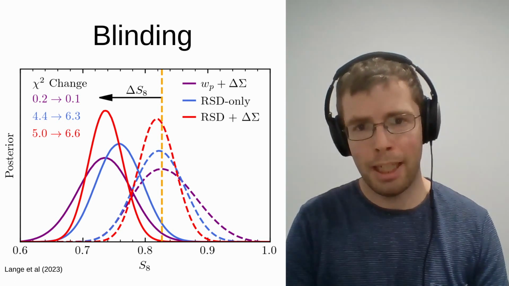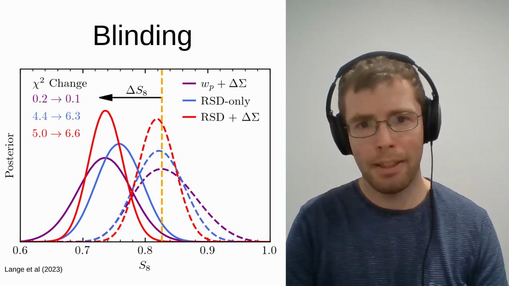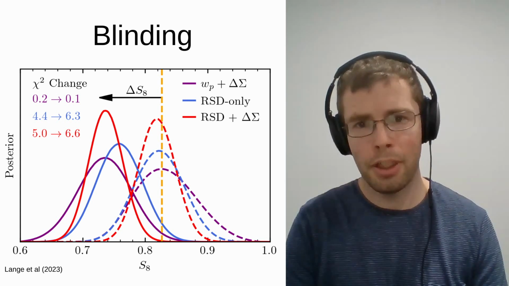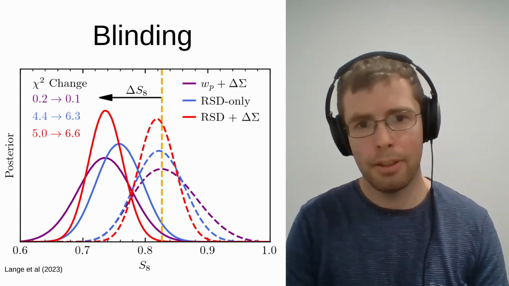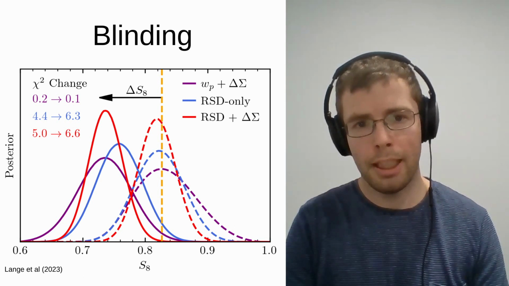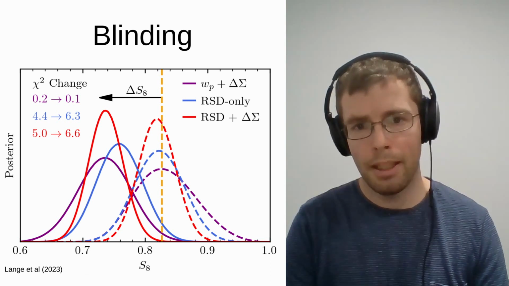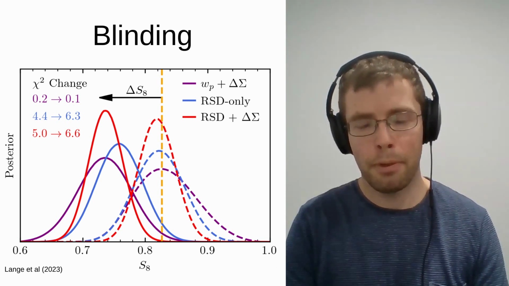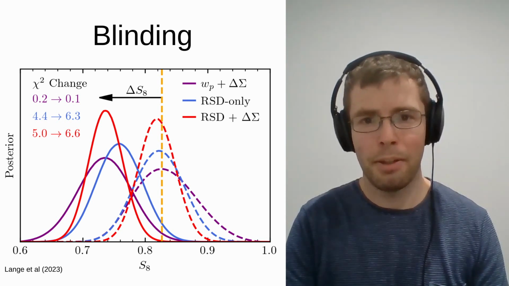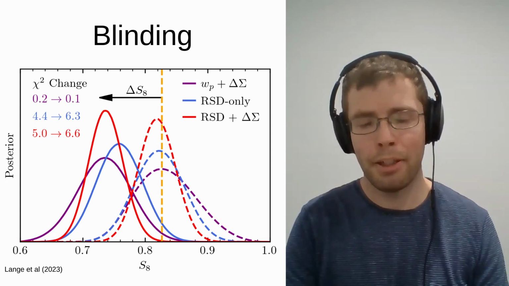So we test that this blinding procedure works as expected on mock galaxy catalogs. It shifts the S8 posterior by a predefined amount, and it also keeps the goodness of fit close to unchanged. And so all the analysis was first performed on the blinded data vector.